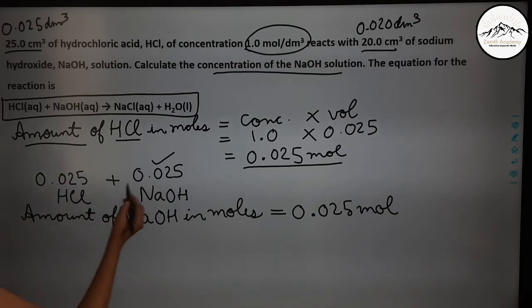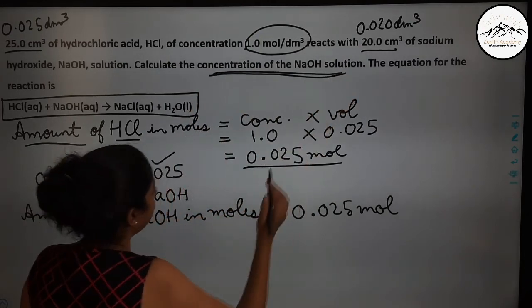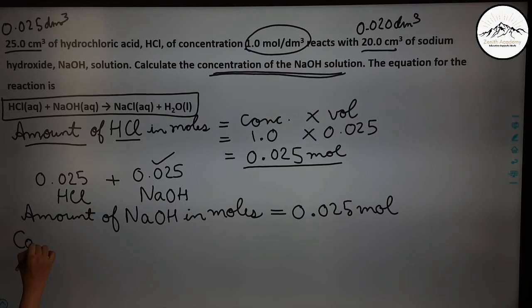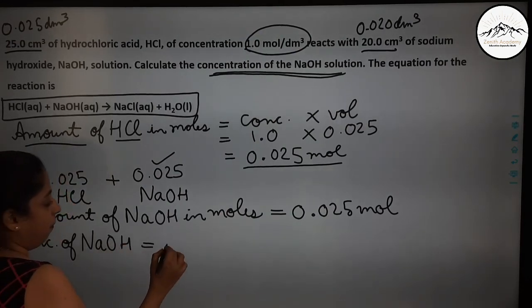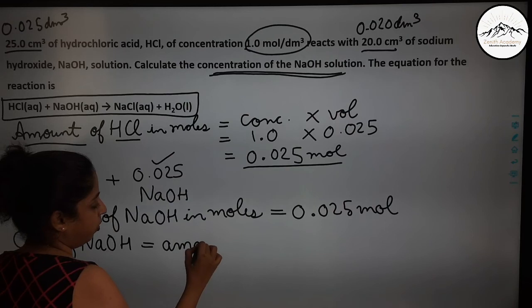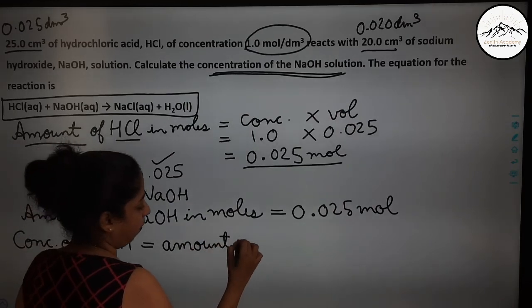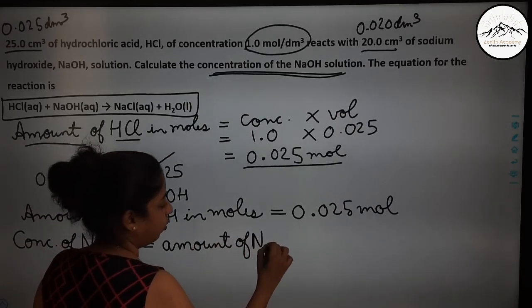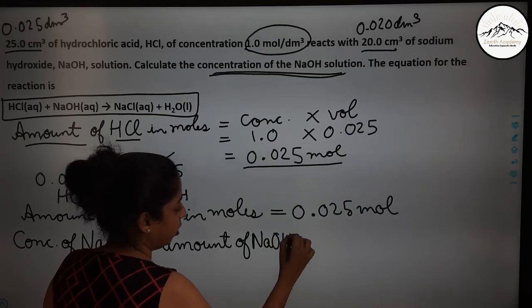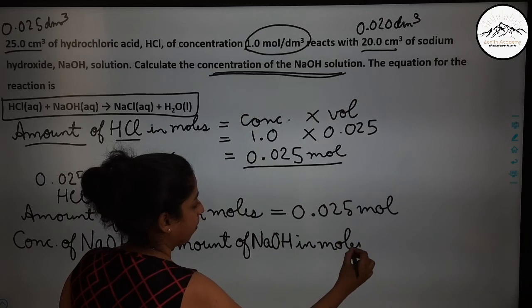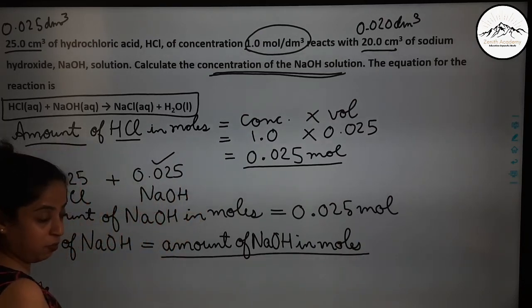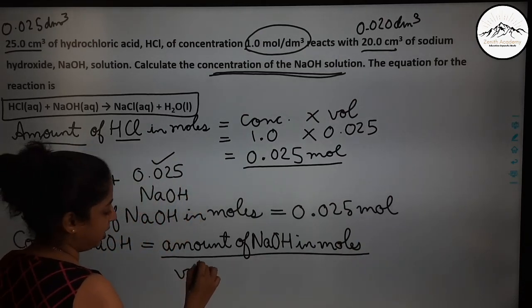Now it becomes very easy. We know the formula for calculating concentration of NaOH. So concentration of NaOH in mol/dm³ is equal to the amount of solute in moles. Here the solute is NaOH. So amount of NaOH in moles divided by the volume in dm³.